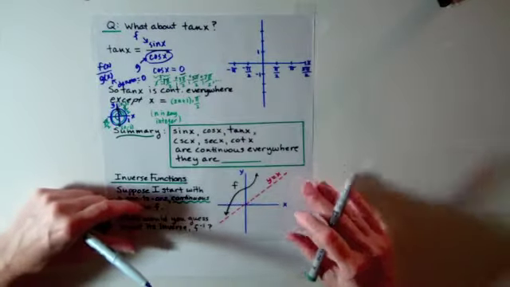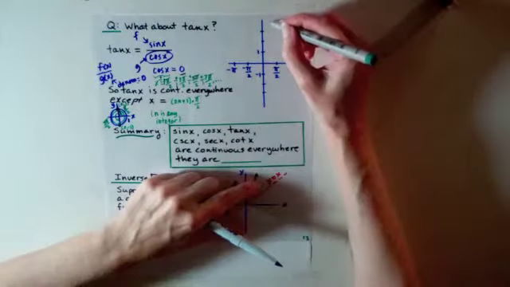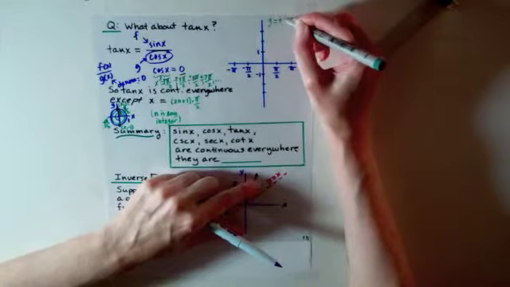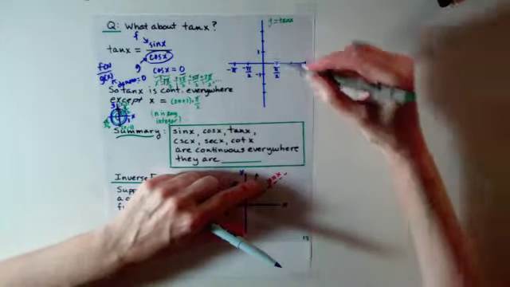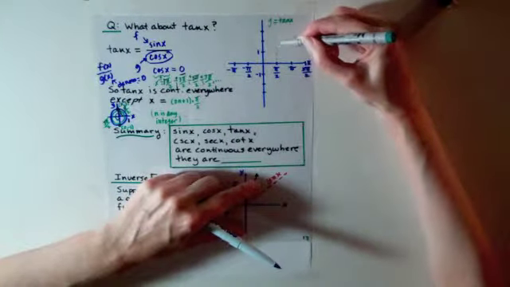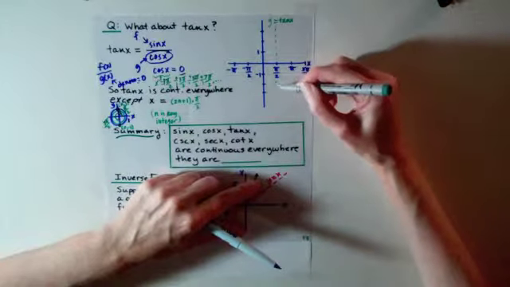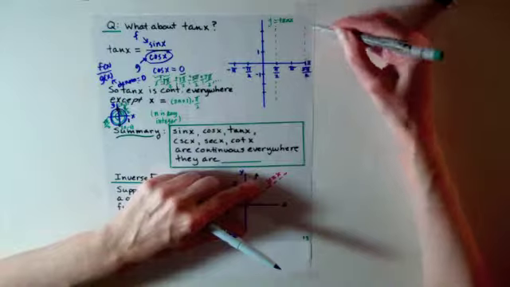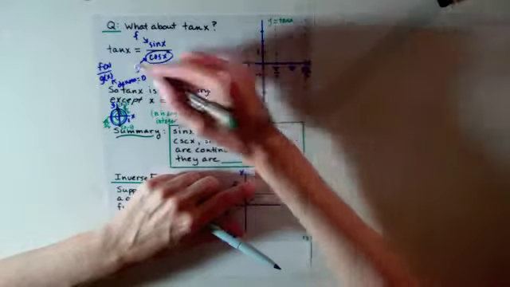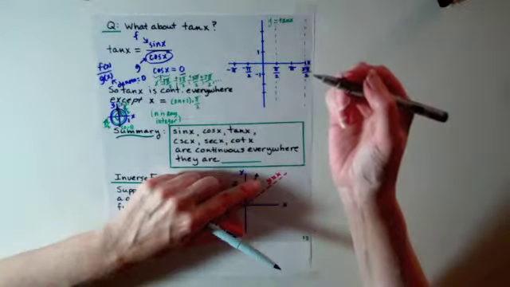Well, let's check that by thinking about the graph of y equals tangent x. You may remember that the graph of tangent x has vertical asymptotes at all the odd multiples of pi over 2, exactly those values where we said that our function tangent x was not continuous.